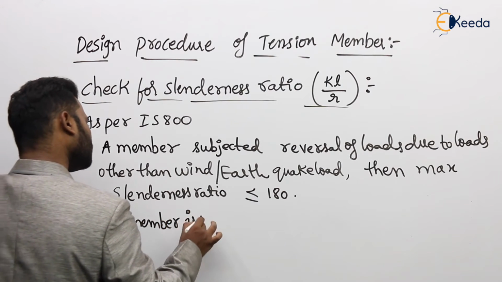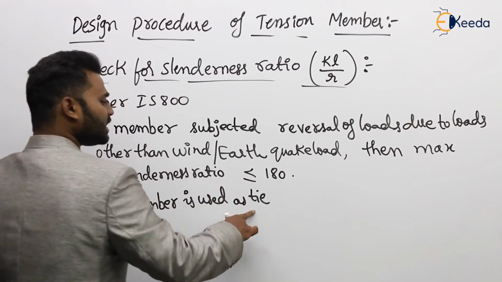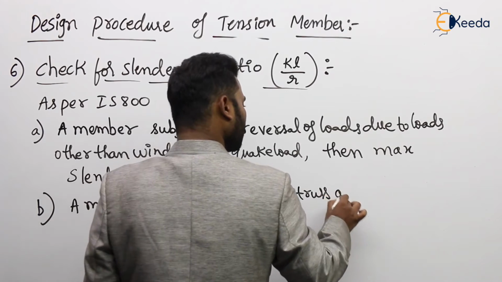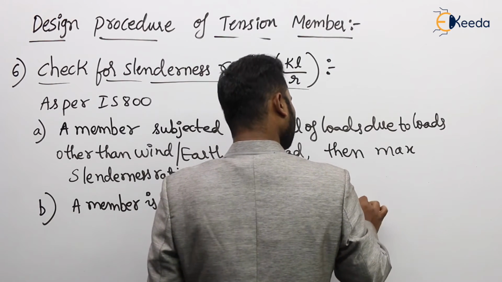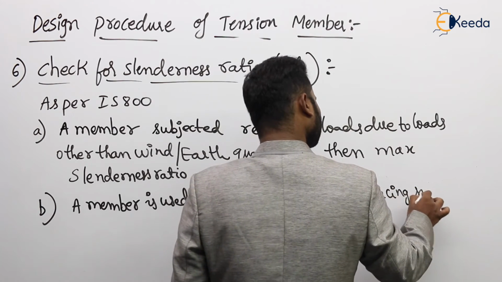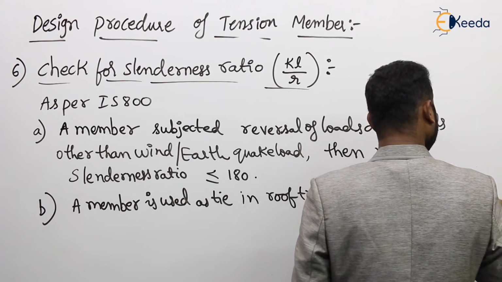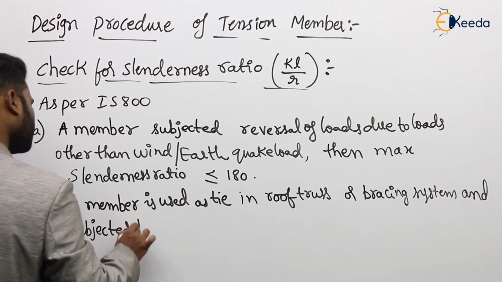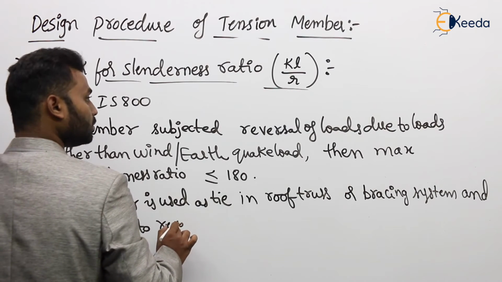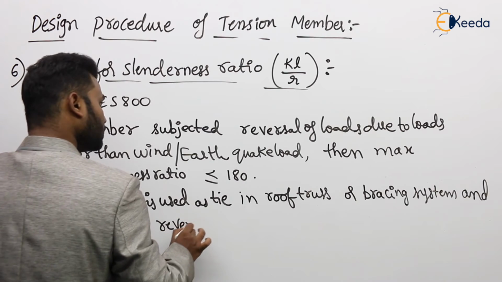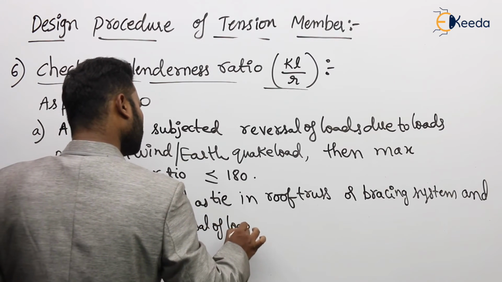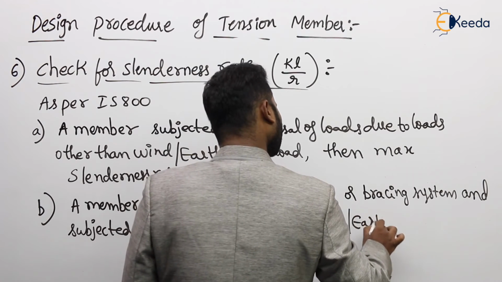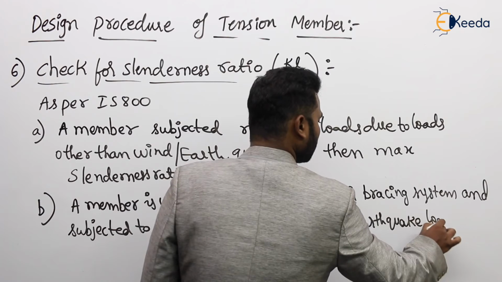A member used as a tie in a roof truss or bracing system, and subjected to reversal of load due to wind or earthquake load.